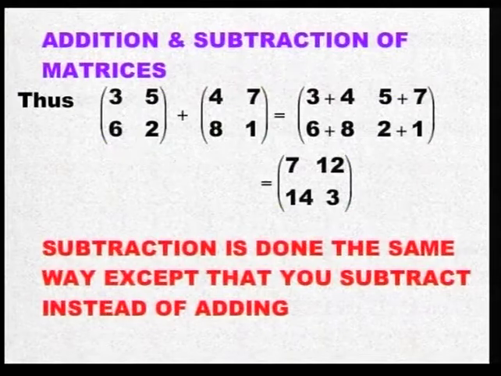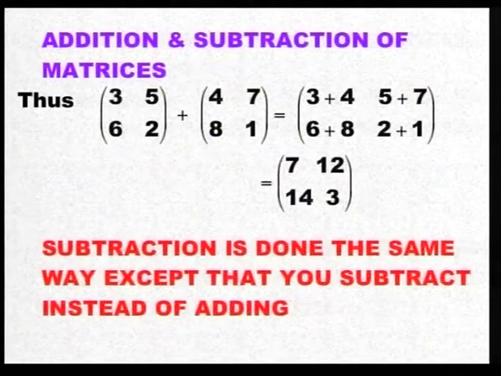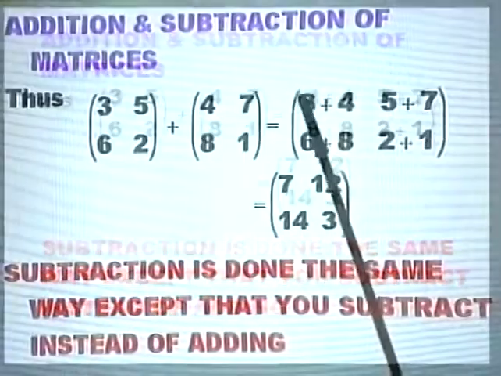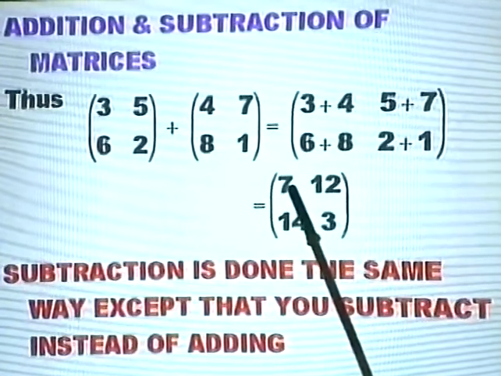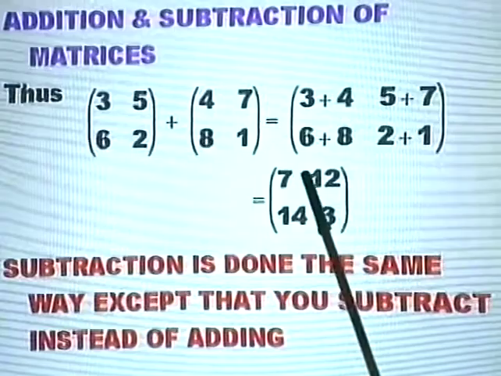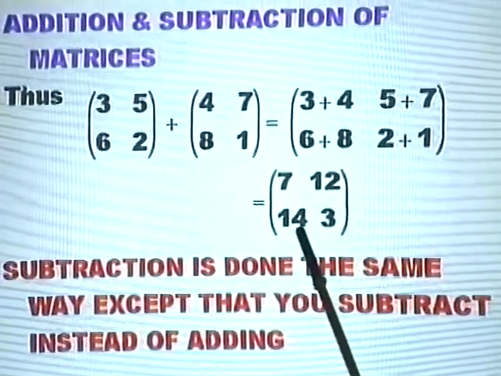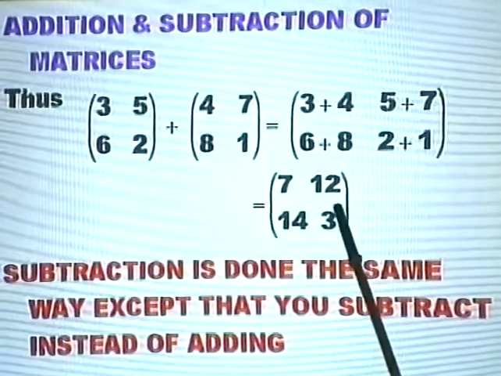Okay, if you look on the screen here, because they are in the same position, you have to add 3 to 4, which you get here, and that's 7. Then 5 plus 7, which is 12. 6 plus 8, which is 14. And 2 plus 1, which is 3.